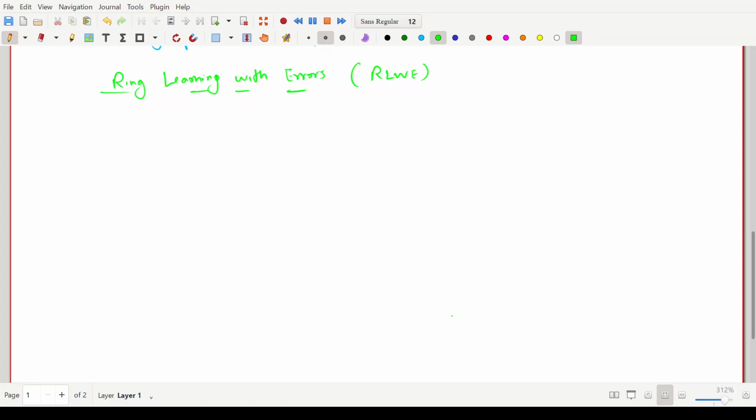It was introduced in 2010, I think, by Lyubashevsky, Peikert, and Regev.